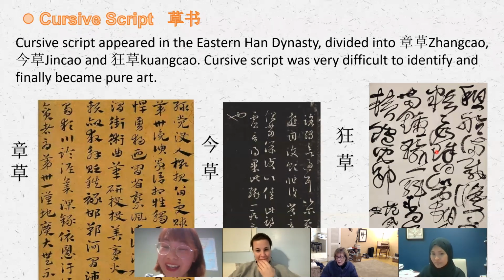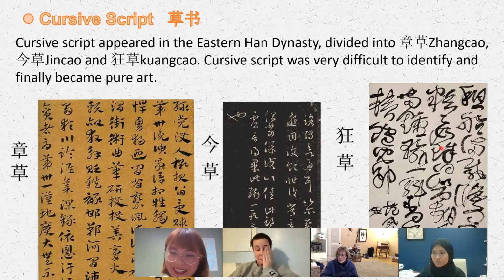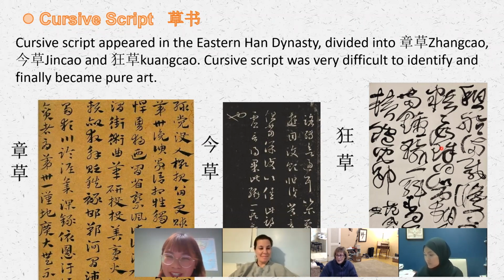To learn how to do it, you have to do it in relationship to what you learned with regular script, so it usually doesn't look quite that abstract. So we can say cursive script was very difficult to identify, and finally it became a pure art.